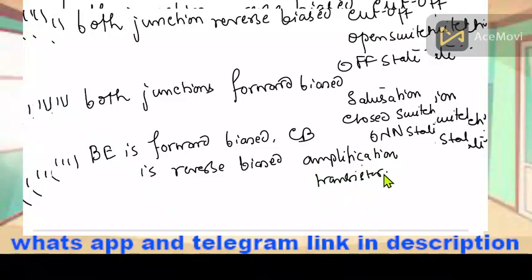Now try to understand this, this is very interesting. This is off state, this is on state, this is the intermediate state. The transistor is active. When it is off, it is inactive. When it is purely on in the saturation region, then also it is inactive. It is not showing any activity.